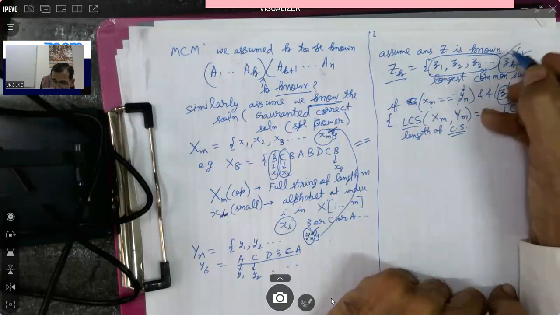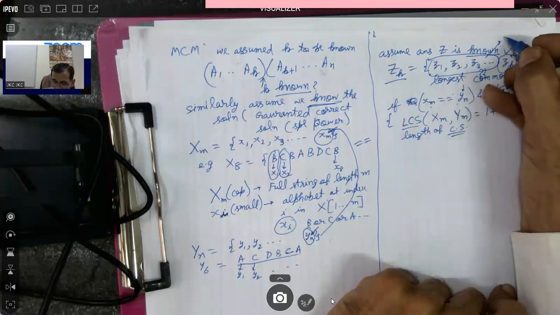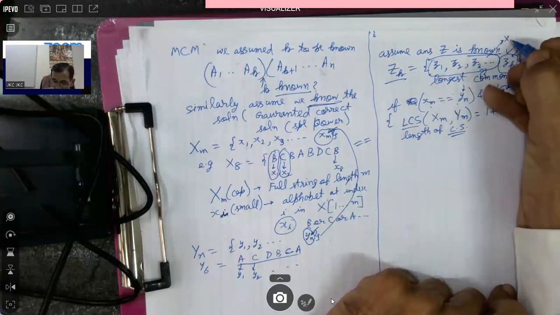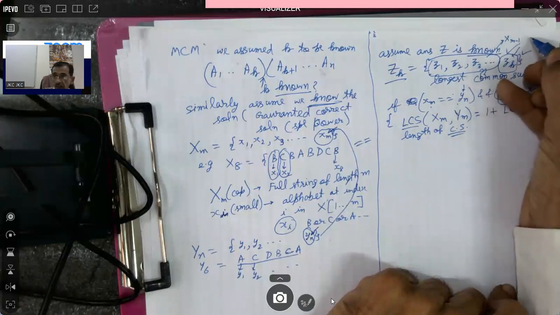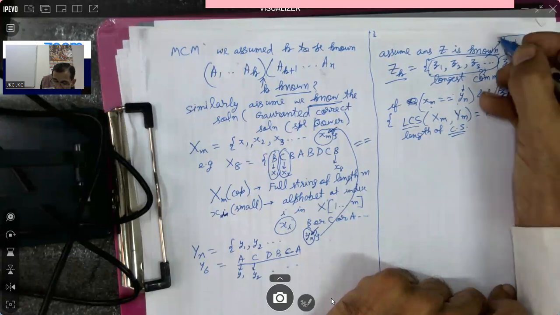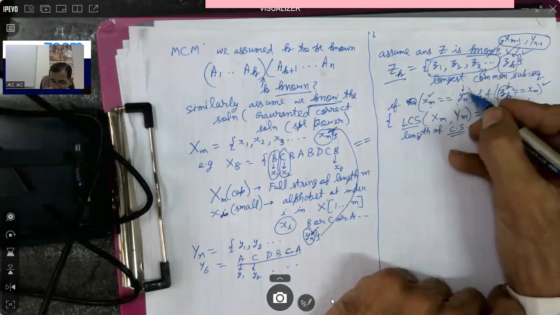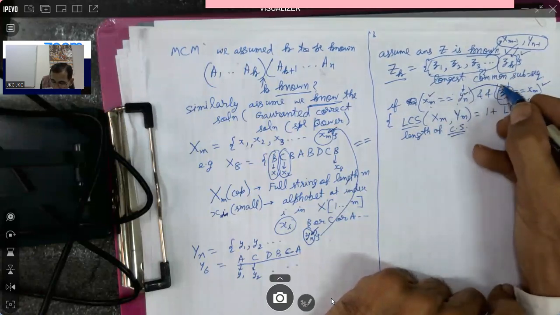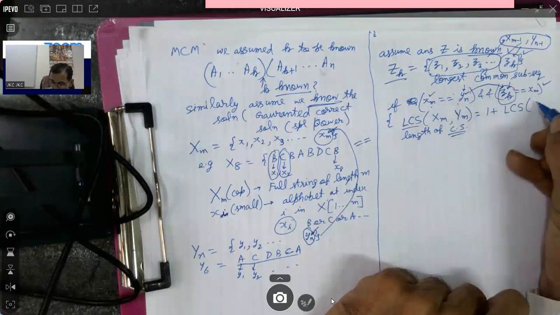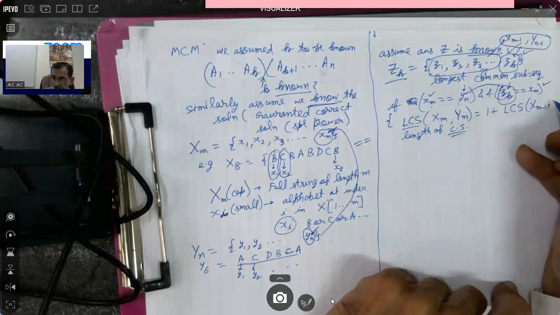It will come from X leaving xm, meaning Xm minus 1, and from leaving yn, meaning Y of length n minus 1, because xm and yn are equal and have been considered into Z. So this is nothing but LCS of Xm minus 1, comma, Yn minus 1.